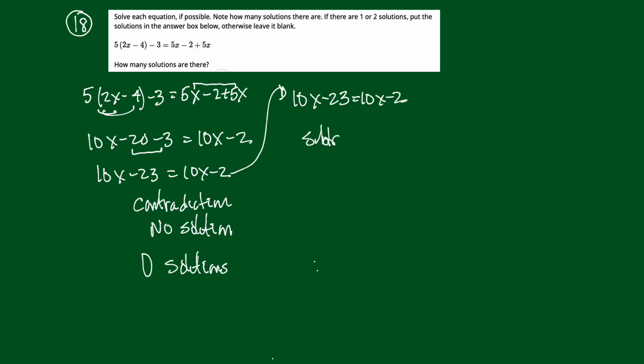Suppose you were to subtract the 10x from either side. If you subtract it from the left side, it's gone. You get negative 23. If you subtract it from the right side, it's gone, and you get negative 2. All right, now this, for sure, is false. And if it's false, that's a contradiction.